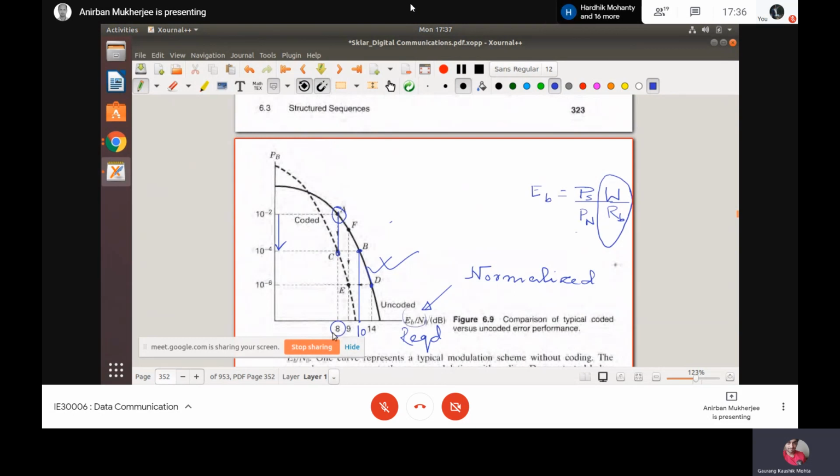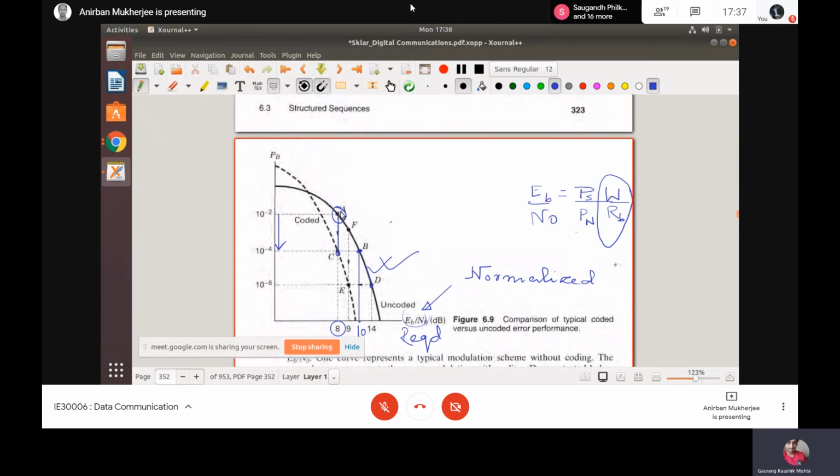Required SNR is still 8 dB. Earlier also, with the higher probability of error, the required normalized SNR, Eb by N0, was 8 dB. So that means I have to change my scheme from uncoded to using channel coding. So channel errors can be detected, and my probability of bit error will be much reduced.